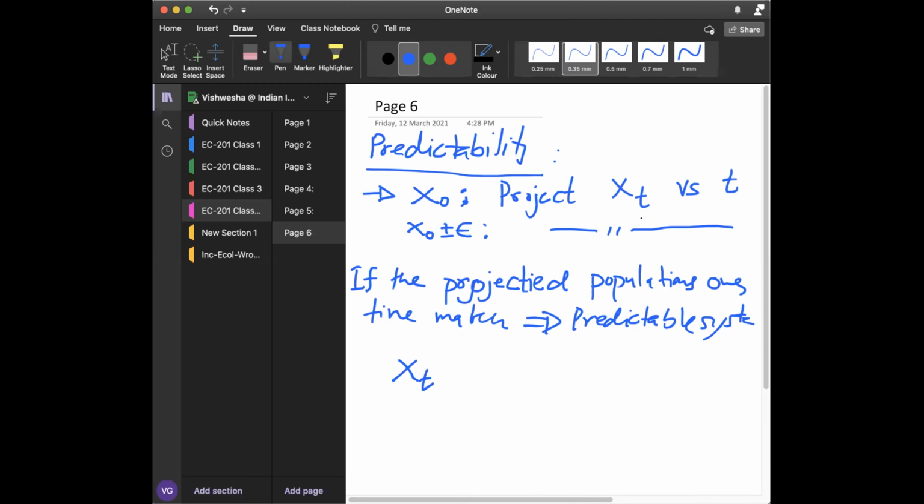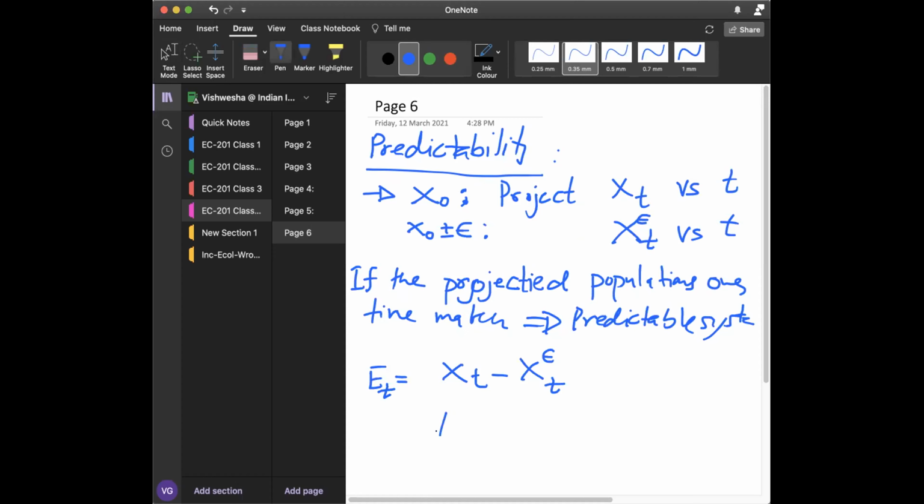Let's call this time series xt with an epsilon error. Meaning you could have taken either plus epsilon or minus epsilon, where epsilon is a very small number, and then you plot that as a function of t. Now you calculate the error, which is given by xt minus xt epsilon. Is it fine? And then this will also depend on time.